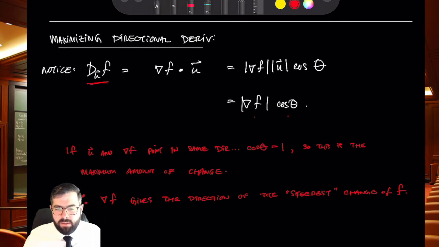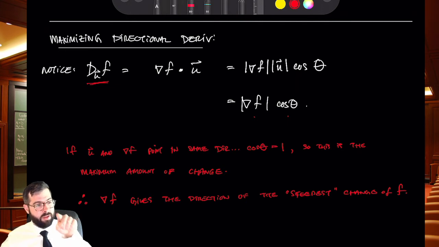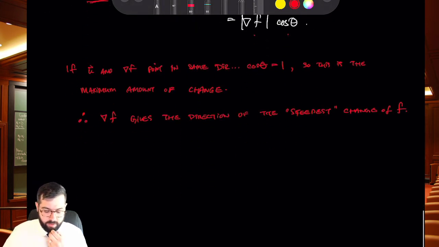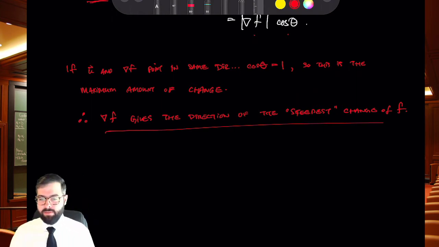I don't think there's a straight line you can draw between making a vector that has all the partial derivatives at each point and then saying that this vector is pointing in the direction of the maximal change for the surface, for that function f. But that turns out to be the case. This has to be the case. So the gradient is the direction of the steepest change in f, meaning if you head in that direction, that's where the function's value is changing the fastest.